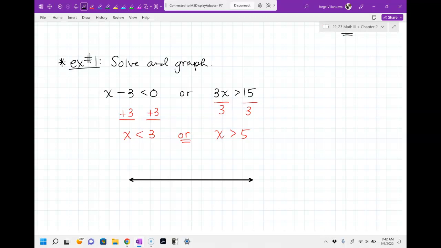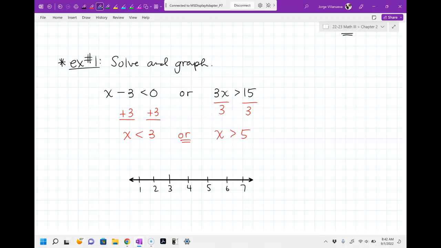So 3 and 5, I'm just going to make sure they fit. I'm going to put 3 here. Here's 4. Here's 5. My answers are there. 6, 7, 2, 1. Now again, I tend to use different colors here, so we'll go with blue. x less than 3. So at 3, do I do an open or a solid circle for x less than 3?